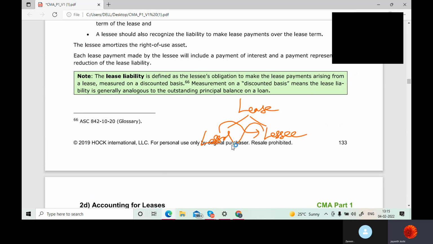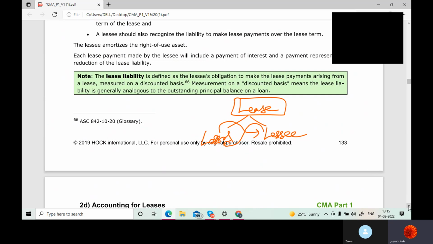That means he will make lease rental or lease payments to the lessor. The contract of lease is such a contract whereby two parties agree with each other regarding the exchange of property for some consideration.